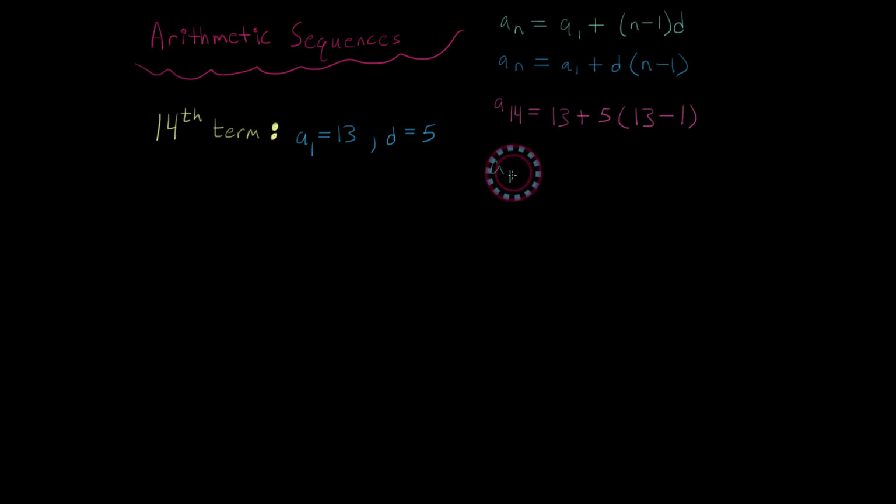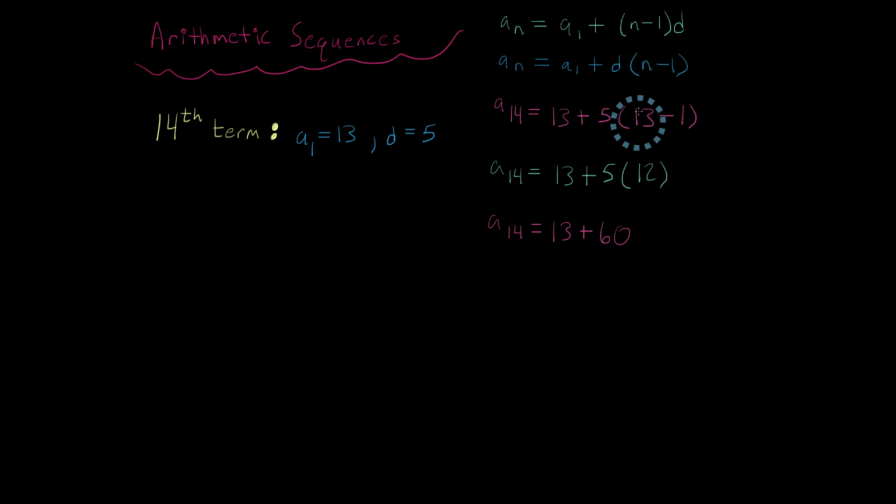Okay, so a sub 14 is equal to 13 plus 5 times 12. So a sub 14 is equal to 13 plus, well, 5 times 12 is 60. Okay, and I'm looking at 60 here and noticing I made an error up here.